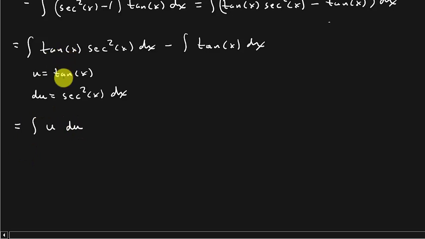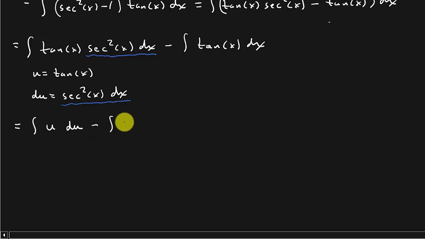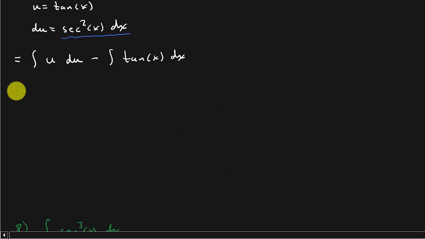In the place of tangent, I'm going to put u, and in the place of secant squared dx, I'm going to put du. And then that's minus the integral tangent x dx. Now we're ready to integrate. So that's going to be 1/2 u squared minus, and then remember our formula up there, that's natural log secant x plus c.